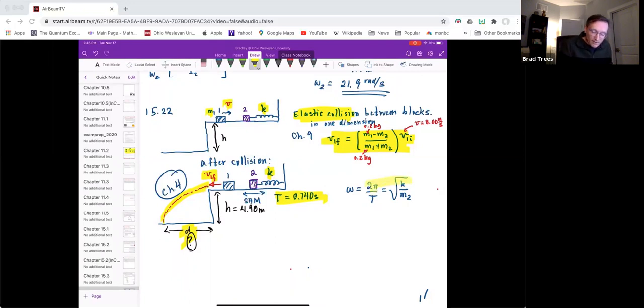With that expression, you have a formula to solve for M2. You put it into the equation right above to get V1 final. And then you come back down and you use that V1 final to do the chapter 4 projectile motion problem, and thereby get the final thing that they asked for, which is this horizontal distance D.